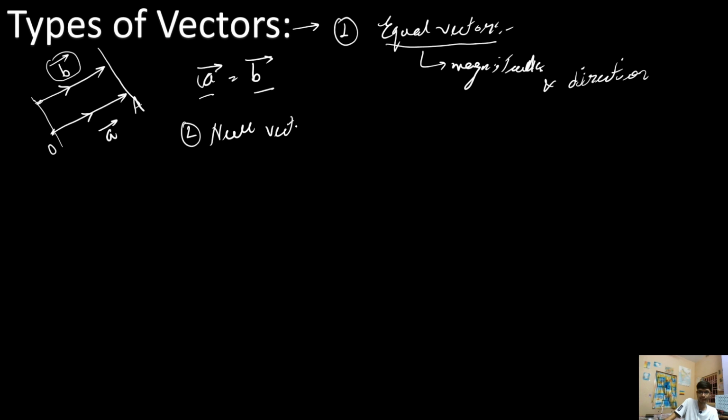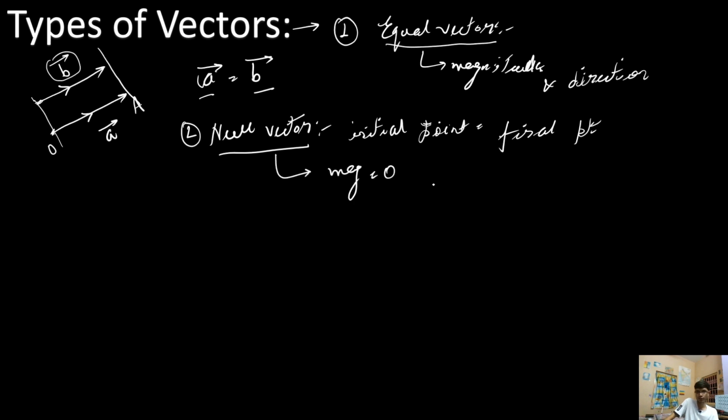That is known as the null vector. A null vector is a vector having a magnitude of 0 and infinite directions, whose initial point is the same as the final point. Such a vector will obviously have a magnitude equal to 0.